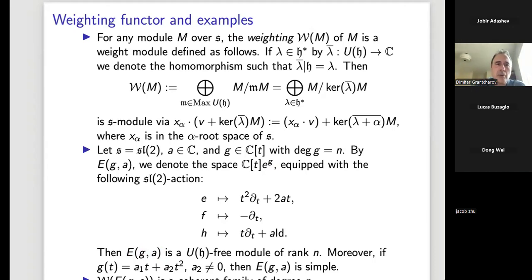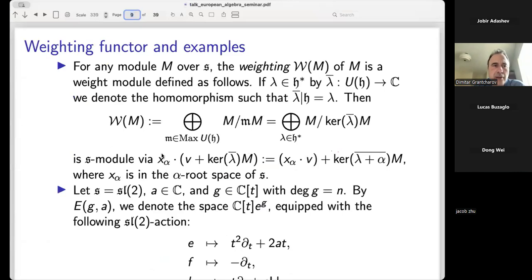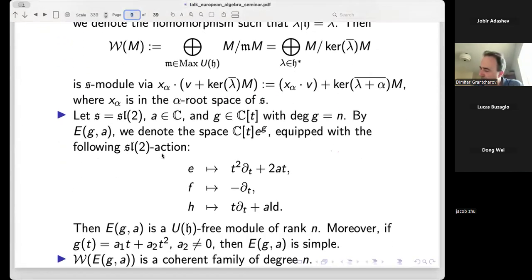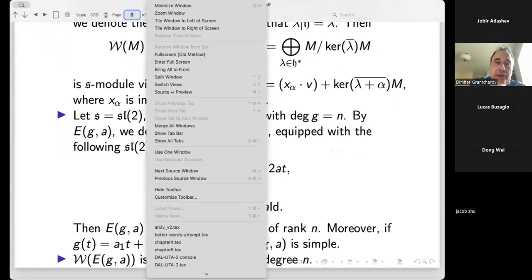Let me see for a moment if I exit the full screen mode, yes, if I exit the full screen mode, you can see the last line is saying that the weighting functor of E to the G results in a coherent family of degree n.